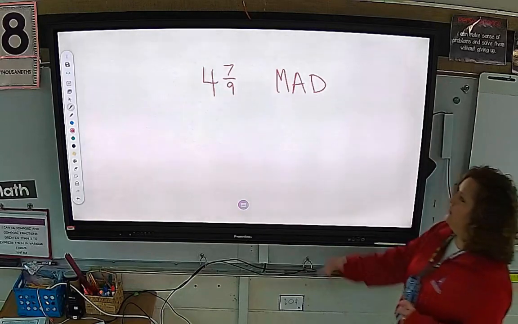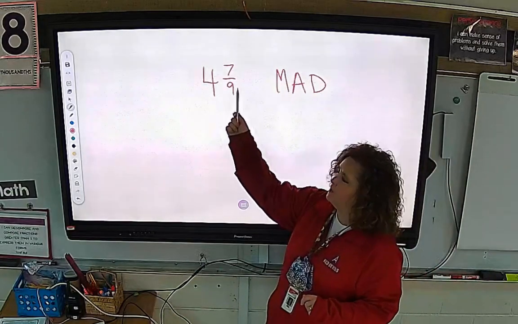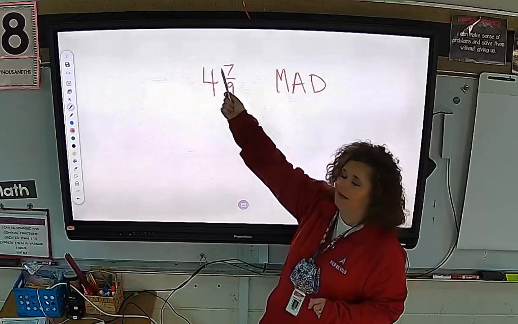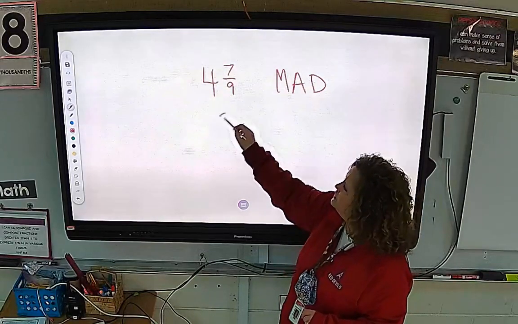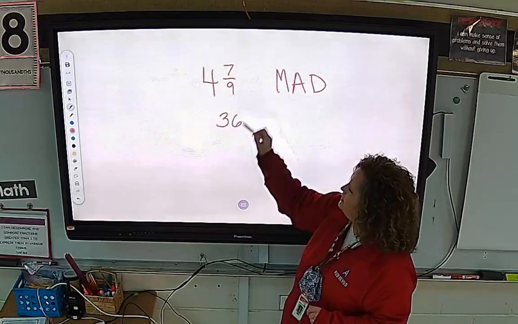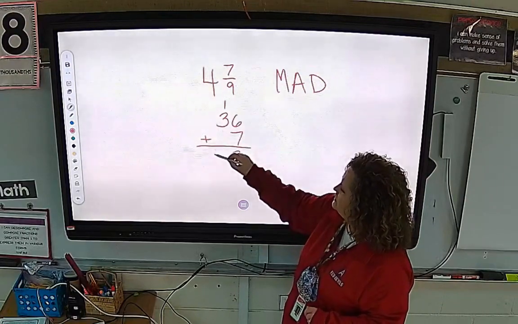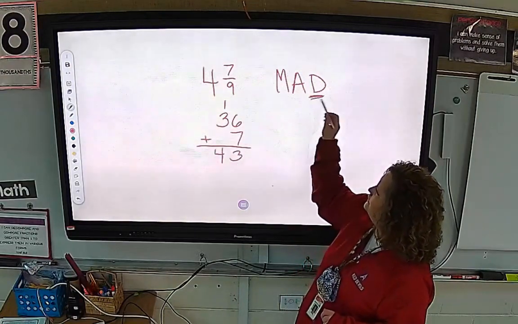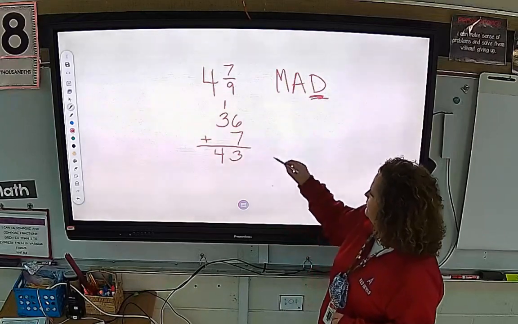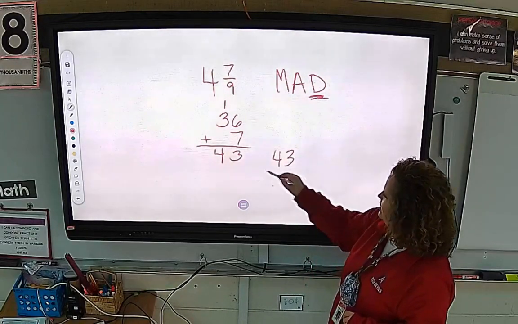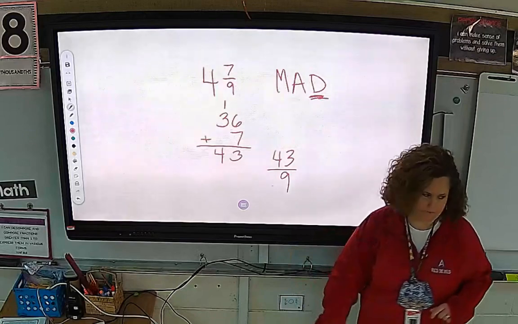Okay. You got there, I'm assuming, by multiplying 9 times 4 and adding the 7. All right, 9 times 4 is 36. Plus 7 is the 43. And then we're going to put it over that denominator that we already have, 43 ninths.